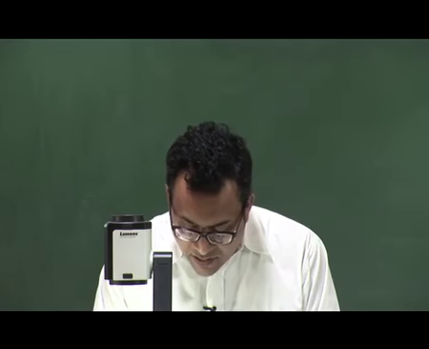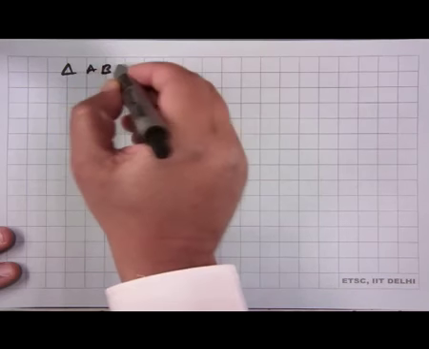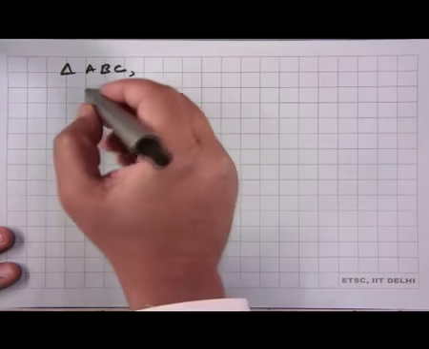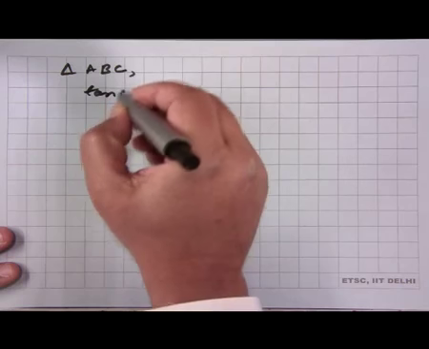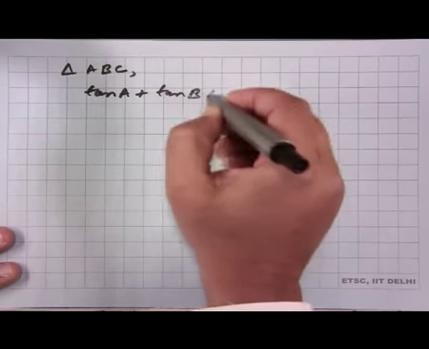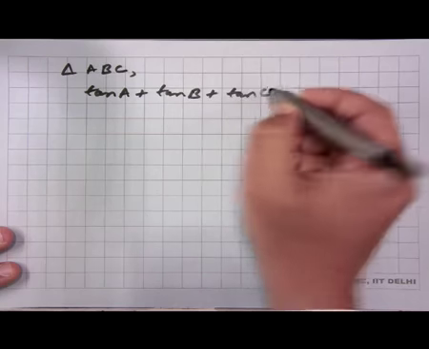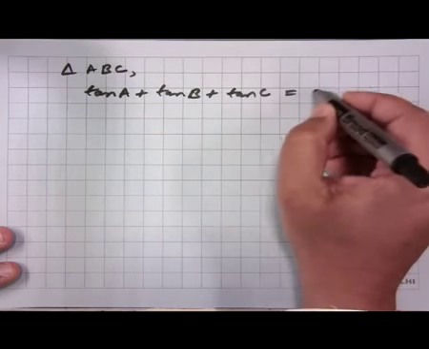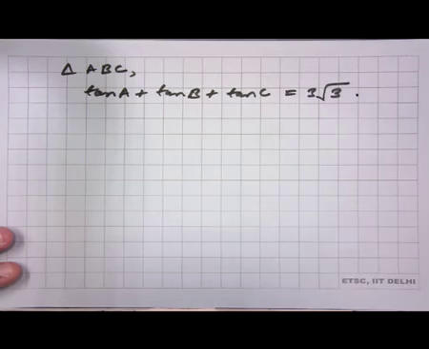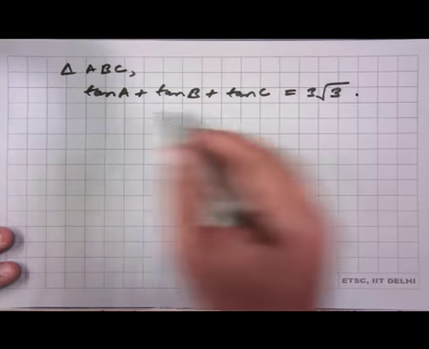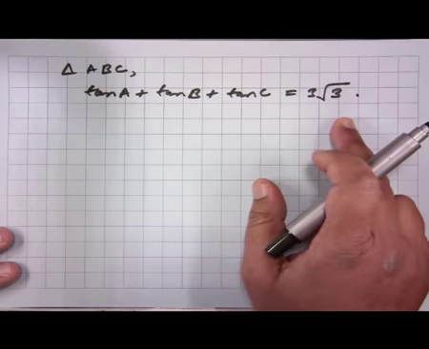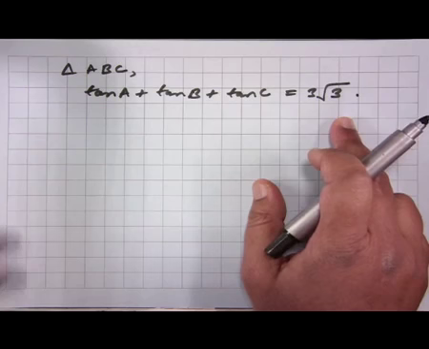So, suppose we have a triangle ABC where the angles A, B, and C are such that tan A plus tan B plus tan C is 3 times square root of 3. We will now show that this will imply that A, B and C are all equal.